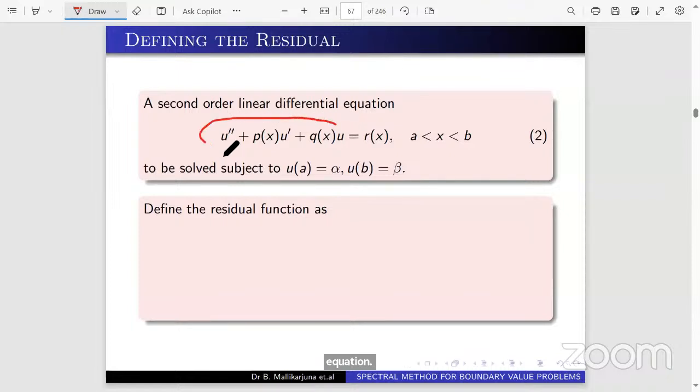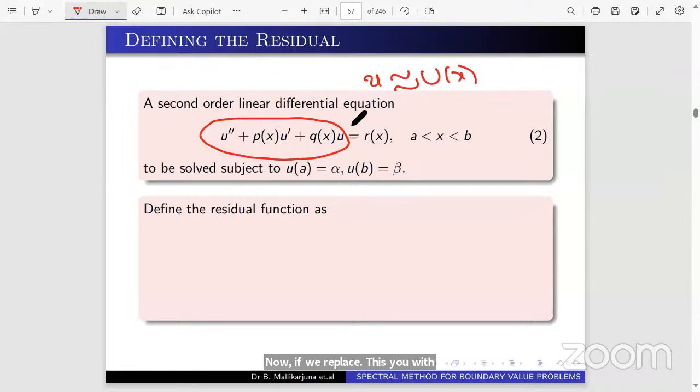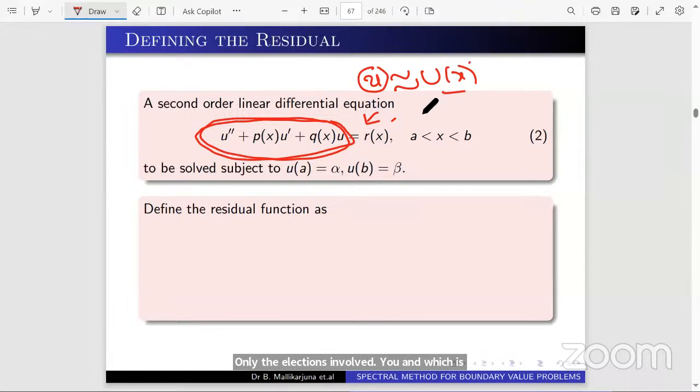If we replace u with the approximate solution U of x in the differential equation, only the LHS involves u, which is approximated by this capital U. Is there a guarantee of getting exactly the right hand side r of x?